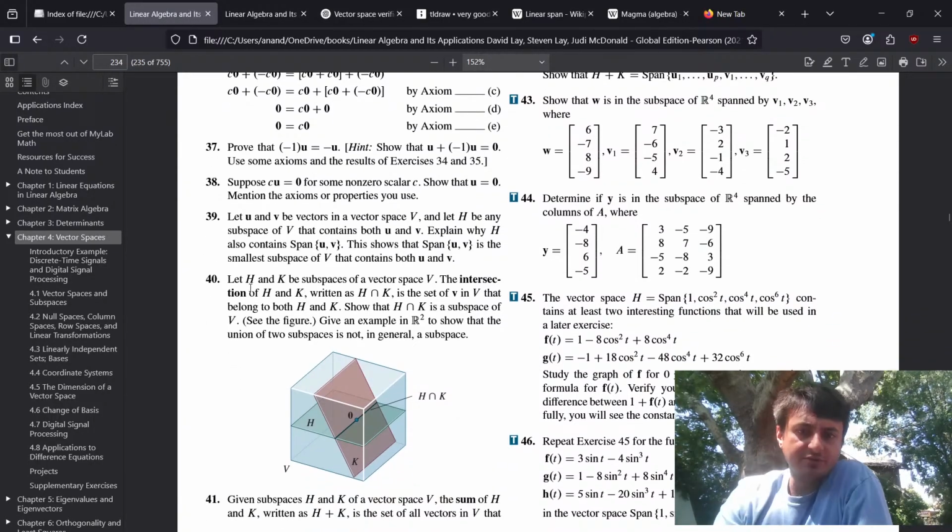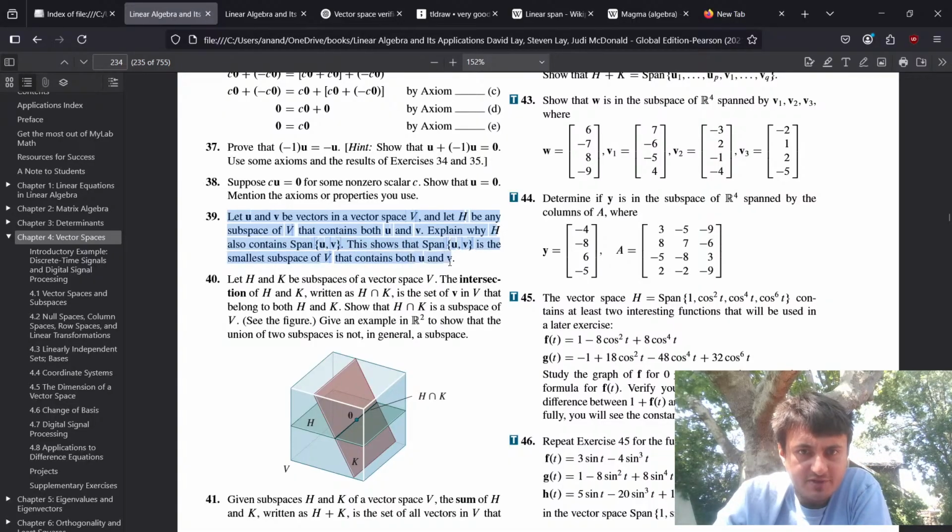I think there was a couple in here that I really wanted to do. Let U and V be vectors in a vector space V, and let H be any subspace of V that contains both U and V. Explain why H also contains its span. Okay, so that's easy. Because H is a subspace, it's closed under scalar multiplication and vector addition.